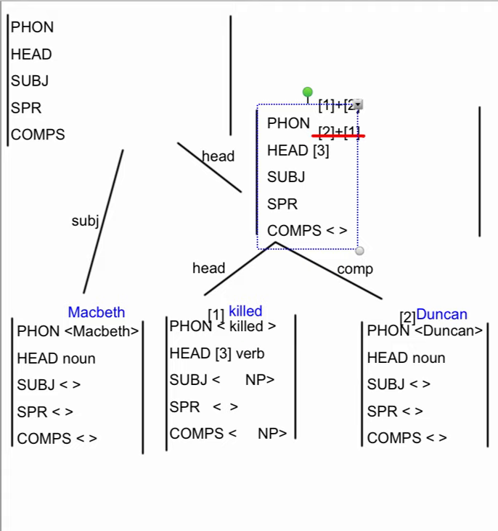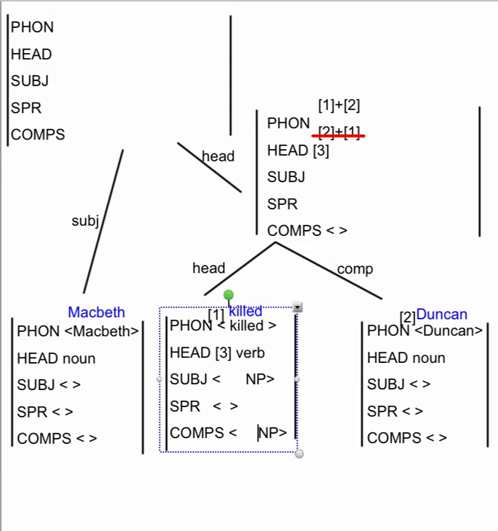Now in our case we just have one complement, so this order thing is not really playing an important role, but if you look at ditransitive verbs such as give, this will change. Okay, so let me just use the next free tag, that's number 4. That is the element on the comps list of the verb.